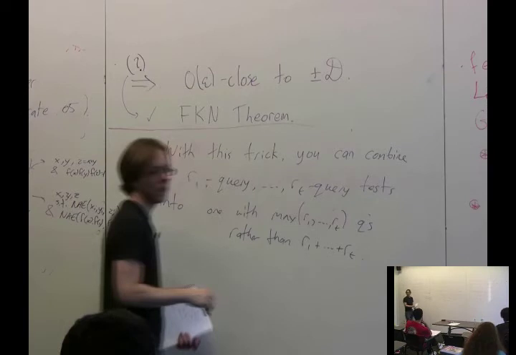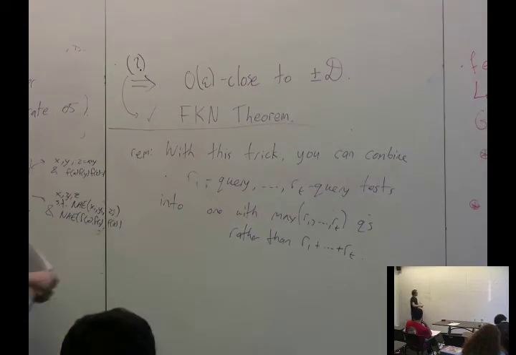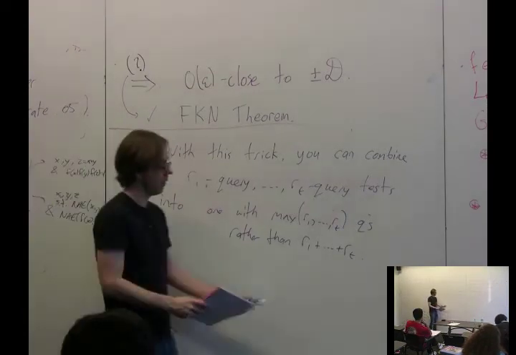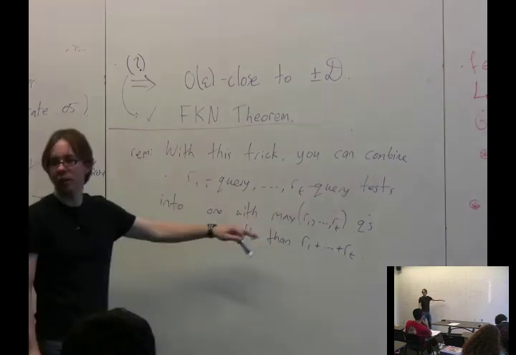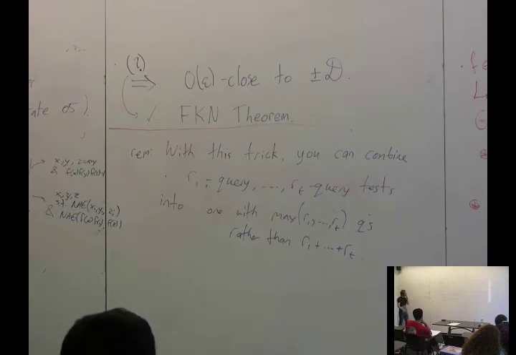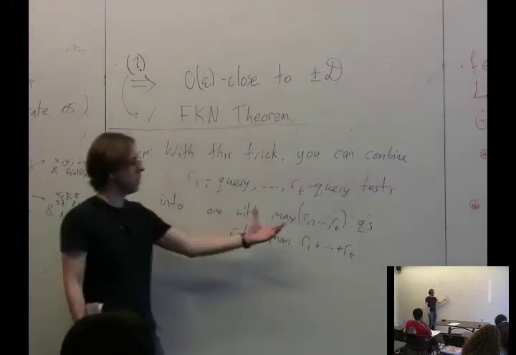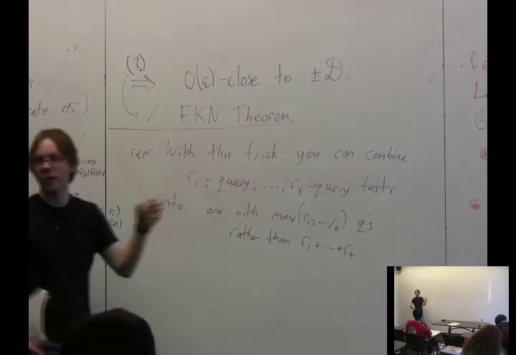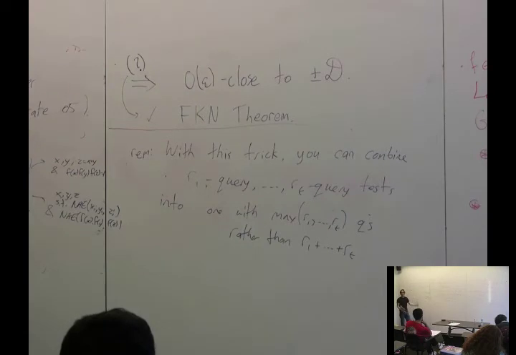You lose a little bit in that the rejection rate, this lambda, goes down by a constant factor. It goes down by like t, I guess. But we don't care so much about that. We're much happier to be able to take the maximum query complexity of a bunch of subroutines rather than the sum of their query complexities.